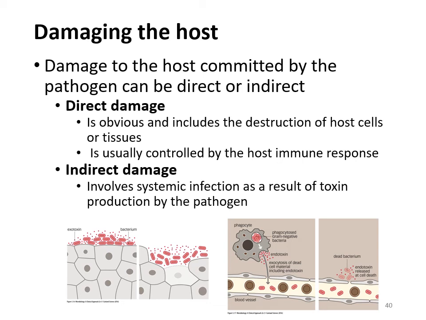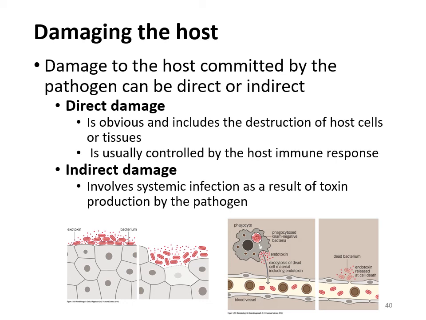So picture that pathogen crashing into cells and tissues. The pathogen itself is destroying host cells or tissues. Indirect damage is when you have systemic, so body-wide, trouble because of toxins produced by the pathogens.